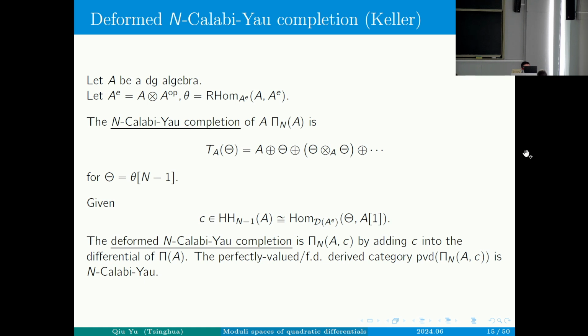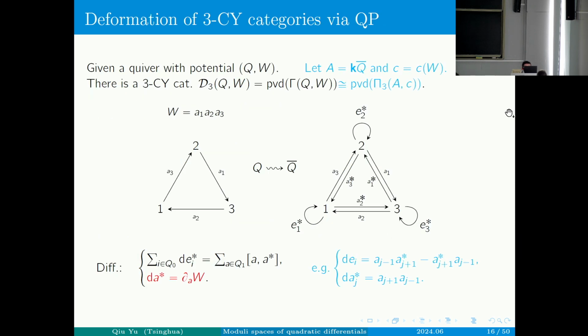Basically, in representation theory of algebra, there's a machine which can produce an n-Calabi-Yau category starting from any digraph algebra. And in our setting, which is originally coming from cluster theory, you have a quiver with potential. So a quiver is just an oriented diagram, and the potential is the sum of some cycles in the quiver. So for example, you can have this 3-cycle quiver with a potential A1, A2, A3.